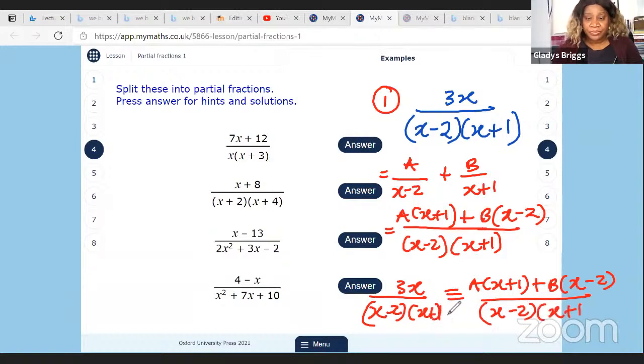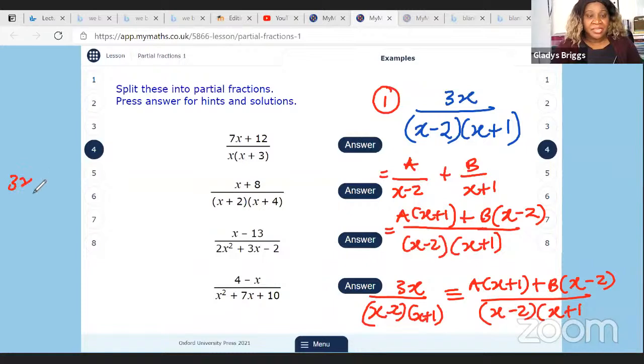Let me write that properly. Once you know the bottom numbers are the same, you just equate the top numbers.